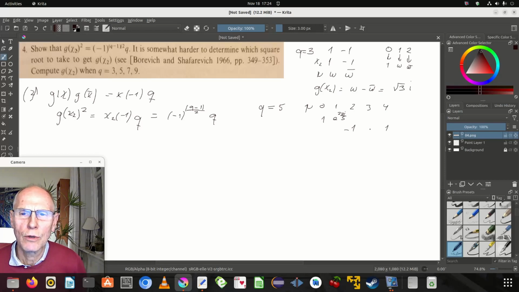Then this becomes 1, this becomes -1, this becomes 1. And of course 2 is a square, so it must be 1, and the other one's -1. All right.